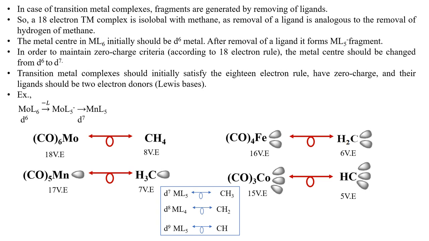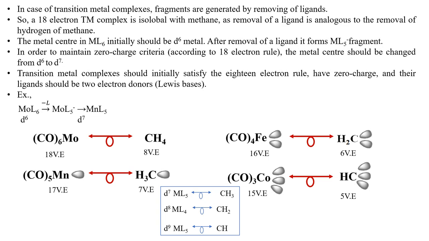Likewise, if I remove another carbonyl from this, what do I get? I get MnCO4 minus. To maintain the zero charge criteria, I'll replace manganese with iron. Iron is a d8 metal. Then I'll get a 16 valence electron complex, which is found to be isolobal with the CH2 radical, which has 2 frontier molecular orbitals with 2 electrons in them.